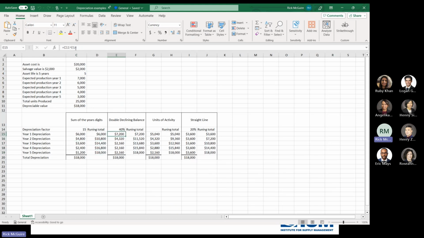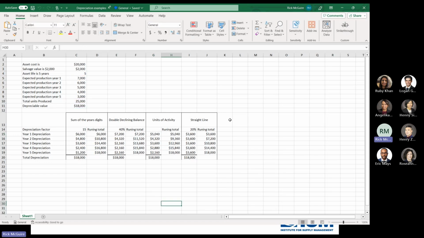Double declining balance, you're going to say because straight line is 20%, when you divide 3,600, you double that for double declining balance. And then units of activity uses total units produced.